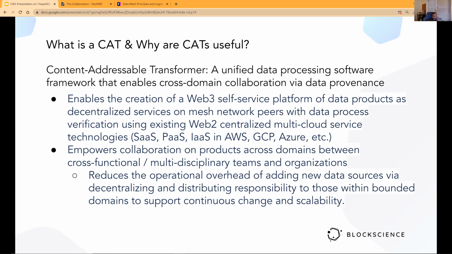The multidisciplinary team only has to focus on the data sources they need, without the operational overhead of procuring them within a centralized organization, right? So that's the value of CATS. It's an operational improvement on using a mesh network. Next slide.